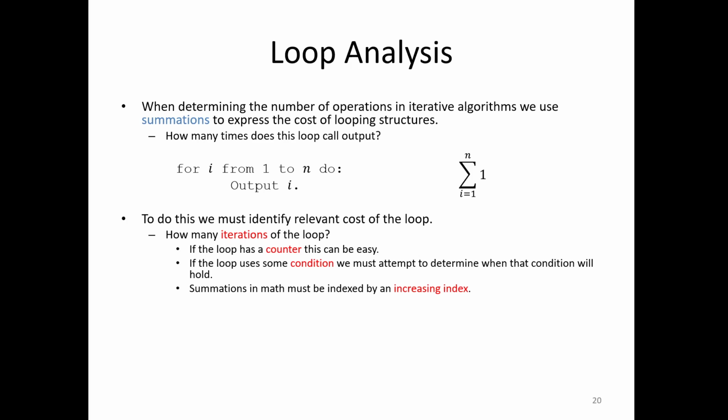Now again, as I mentioned for the for loop, this is fairly straightforward. In other cases, we might have a condition, while the list is not empty, things like this. And that means we might rely on some logic to determine how many iterations of the loop we're going to get.